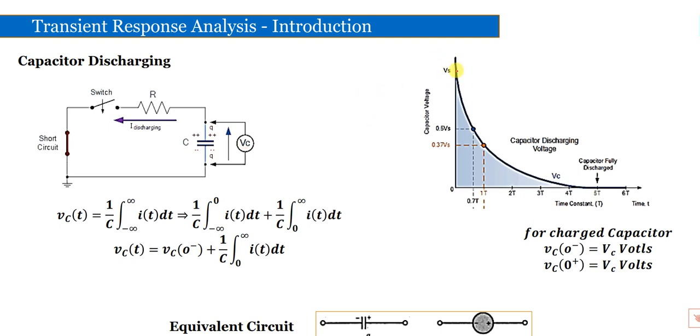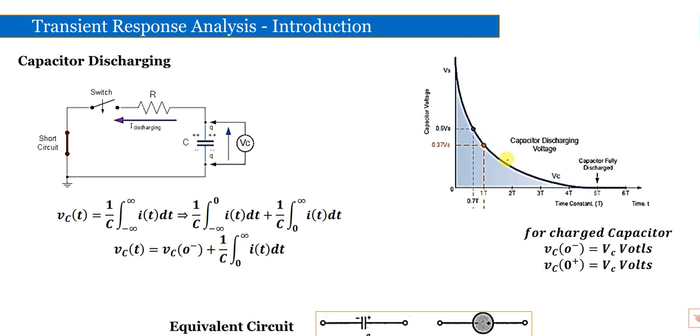The capacitor has already reached Vs. Once you close the switch and short it, the capacitor will start discharging through this R. Slowly the capacitor loses its charge, like your mobile when you are using it: the battery becomes 98%, 90%, 80%, like that.